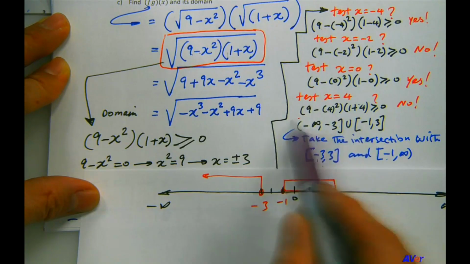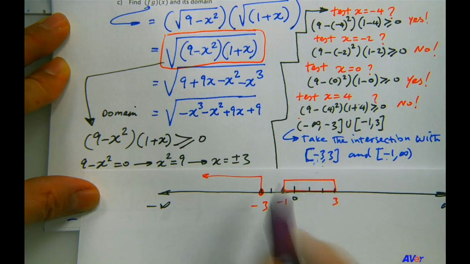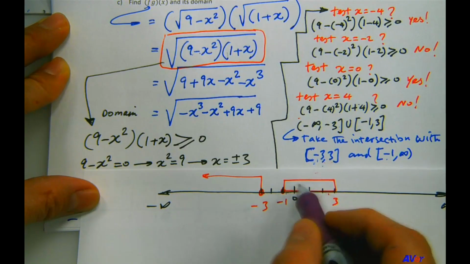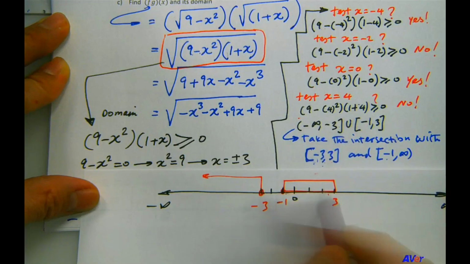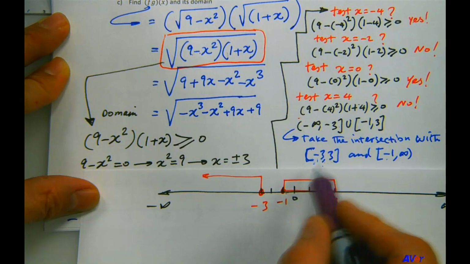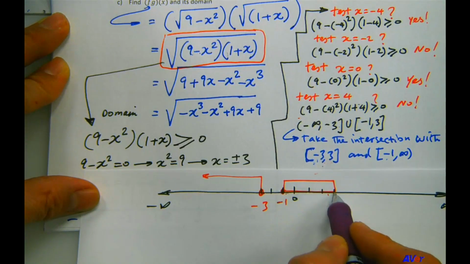Is there an intersection between that and this? We have negative 3 to 3. So negative 3 to 3, yes. There is an intersection between that and this piece, which would be from negative 1 to 3. So far, that is the intersection.